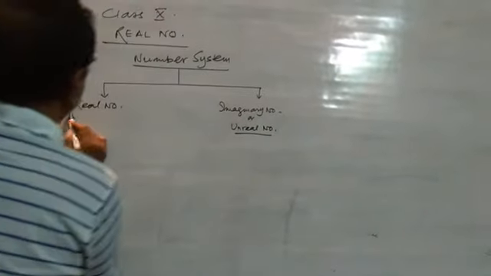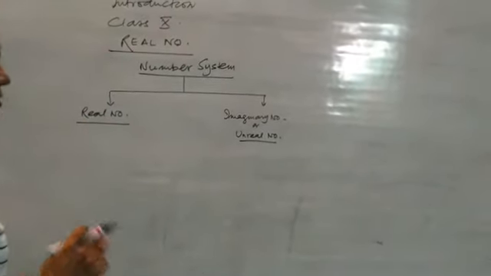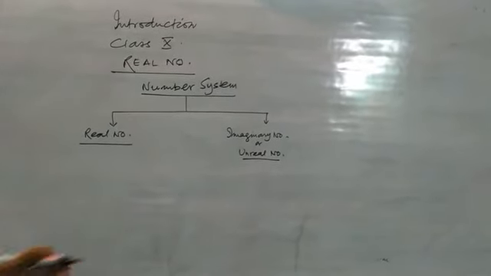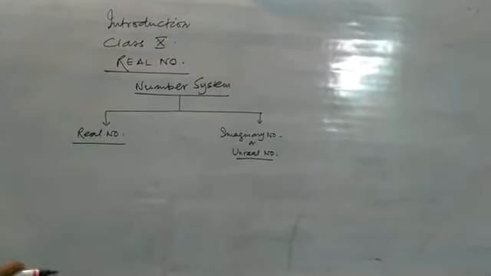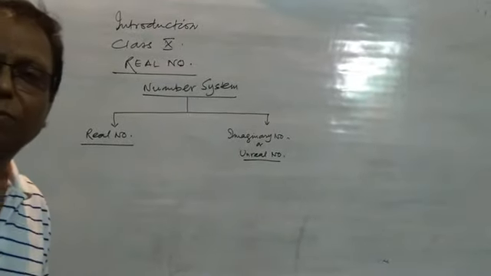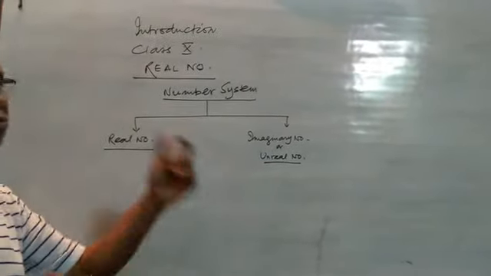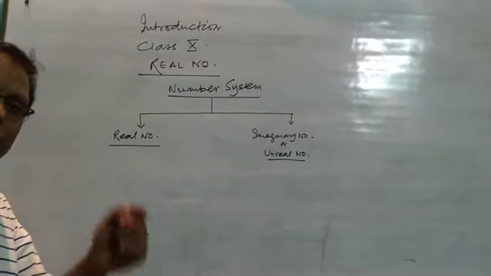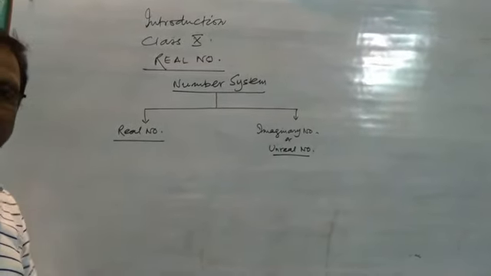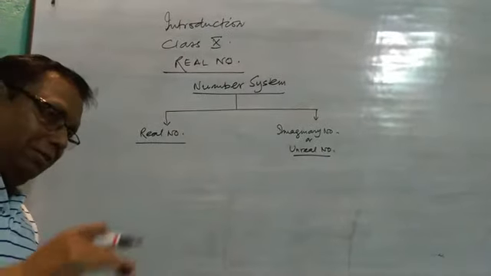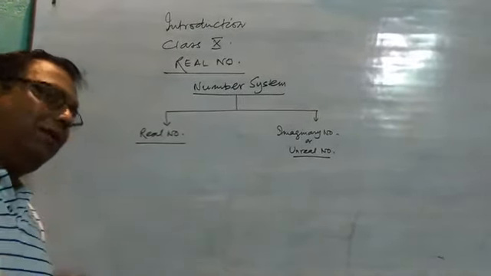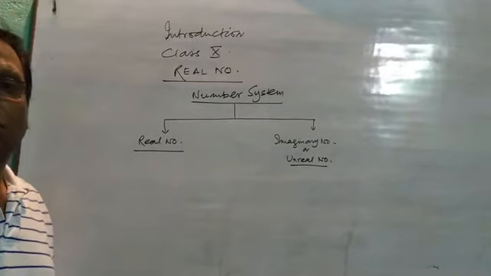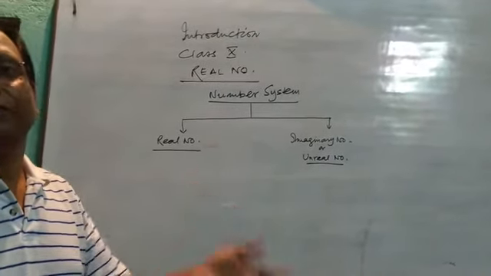Now, at the very outset, we have to understand what the real number is and how it is different from an imaginary number. Simply, whatever number you are thinking right now, up to standard 9, whatever number you have come across, all those are real numbers.